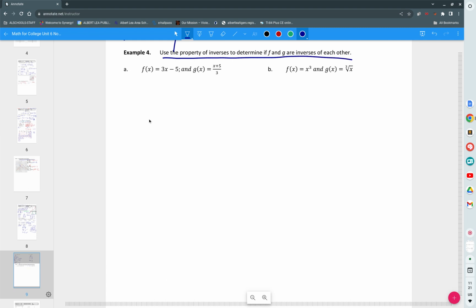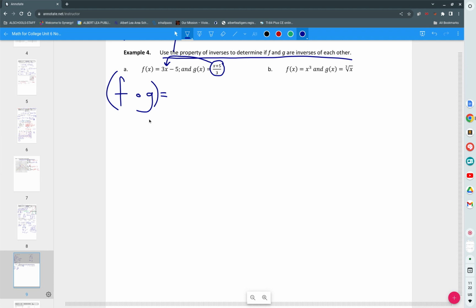We are going to use the property of inverses to determine if these are in fact inverses of each other. The way that you determine if something is an inverse of each other is you compose them. And if you remember yesterday when we did f of g, we took g and substituted it right in for x within the f function.